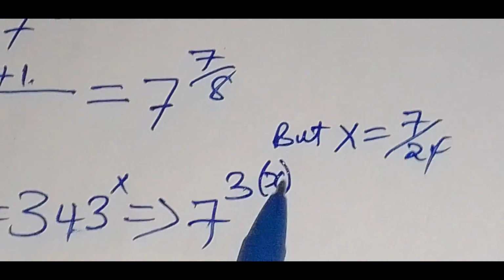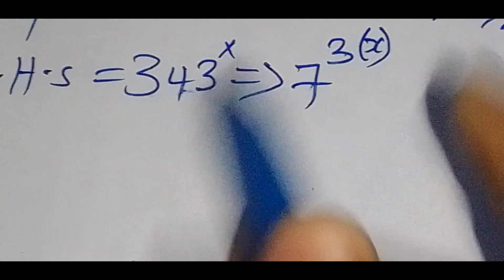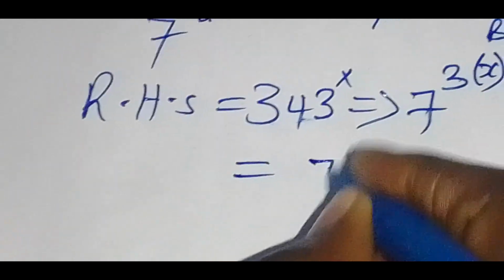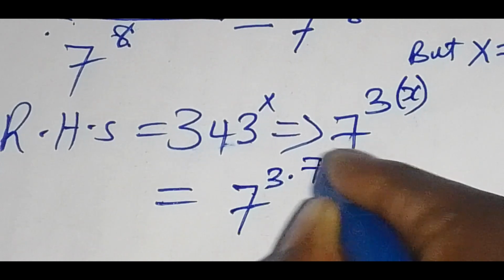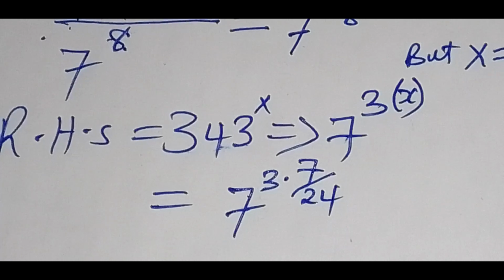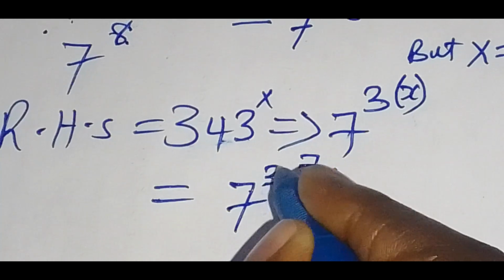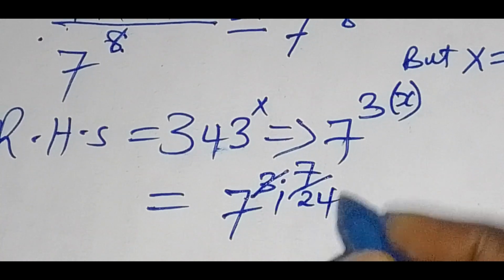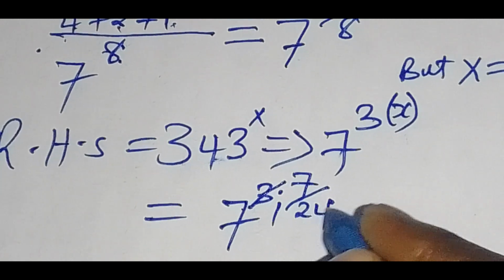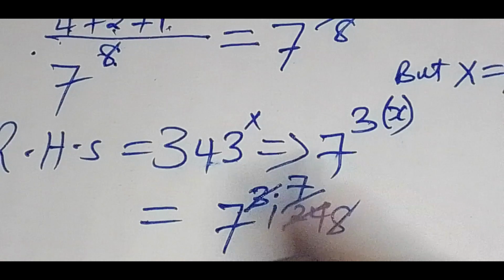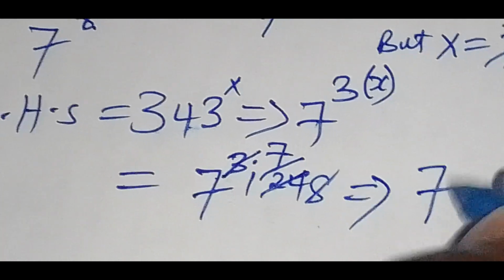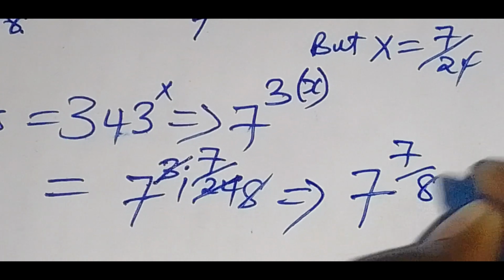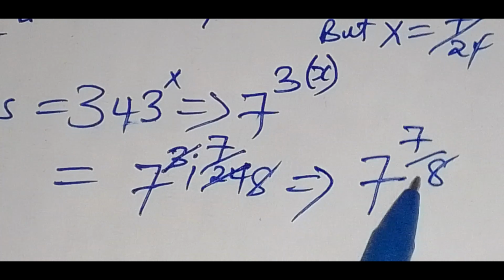Okay, so we substitute the value of x. So that we're going to have 7 cubed raised to power 7 over 24. Okay, so we simplify 3. If you say 24 divided by 3, we're going to get 8. Okay, so that definitely we're going to have 7 raised to power 7 over 8. So this is the right hand side.